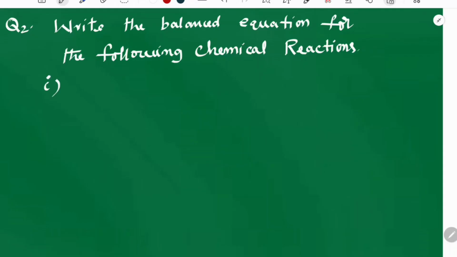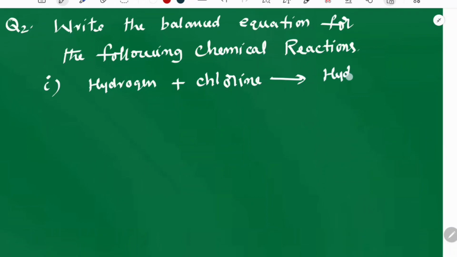Very first one, hydrogen plus chlorine gives rise to hydrogen chloride. Later, in a separate session, I will discuss the difference between hydrogen chloride and hydrochloric acid.